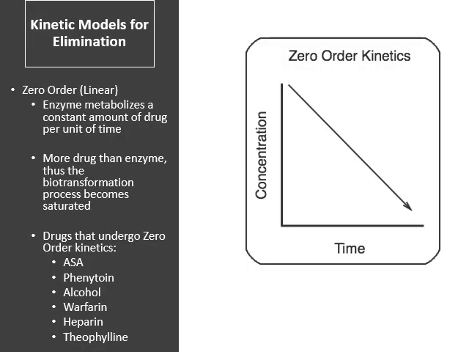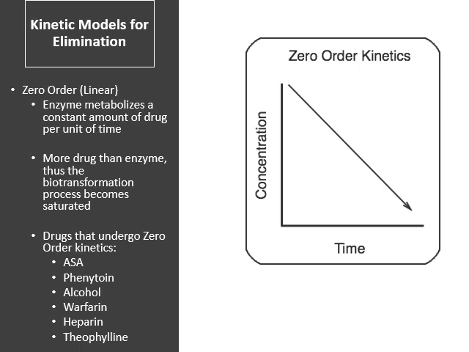Okay, zero order or linear kinetics, and you can see from this graph it's a straight line, so it's linear. So we look at this kinetic model. Enzymes metabolize a constant amount of drug per unit of time. So more drug than enzyme, and therefore the biotransformation process becomes saturated. So you have saturated metabolism at this point.